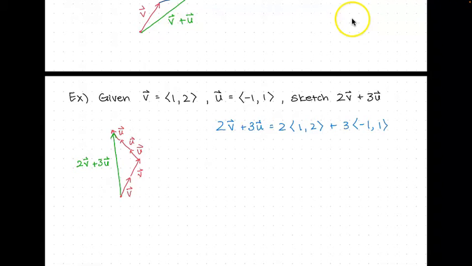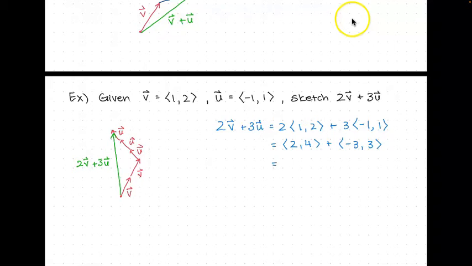This is called scalar multiplication. We're going to multiply the vectors by 2 or 3. But you literally just distribute. You multiply each component. So that becomes 2, 4 plus negative 3, 3. And then we know how to add them.